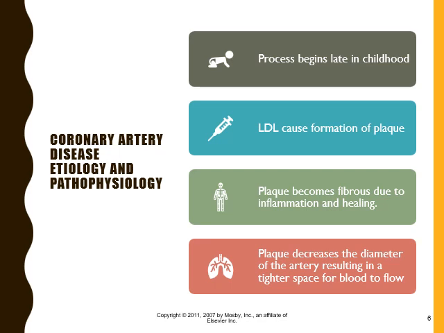This is an inflammatory marker that's produced by the liver. It's usually increased in patients with CAD, and chronic elevations of this are associated with unstable plaques. You can see here LDL, low-density lipids, cause formation of plaque, and then they become fibrous and decrease the diameter of the artery.